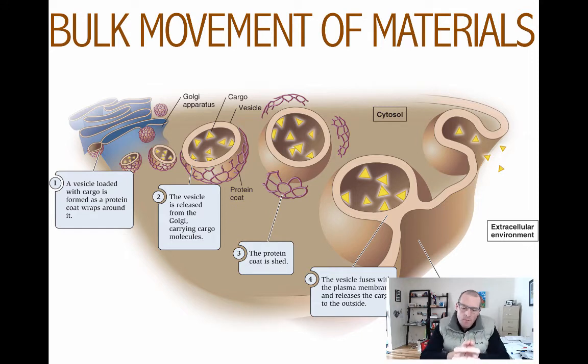Imagine here is a membrane, and this is the outside of the cell. As the vesicle approaches the cell surface, a bunch of proteins can facilitate the fusion of the vesicle membrane with the cell membrane such that the contents are released outside the cell, and that's called exocytosis.